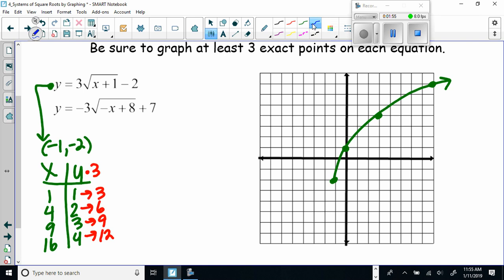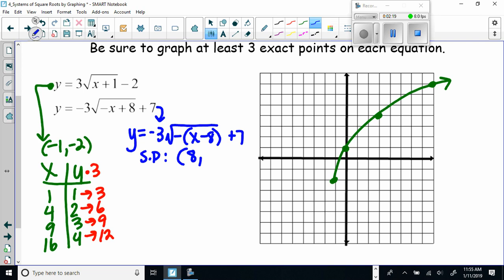Second one here. Before I can identify my starting point, what do I have to do? Factor out the b value. So if I pull out a -1, I'm left with x minus 8 plus 7. So now I can identify that starting point at +8, +7.